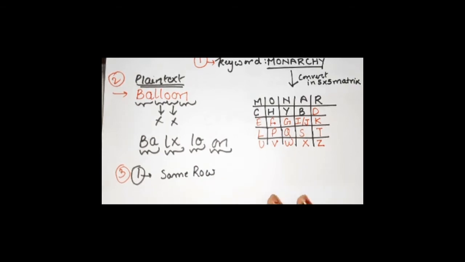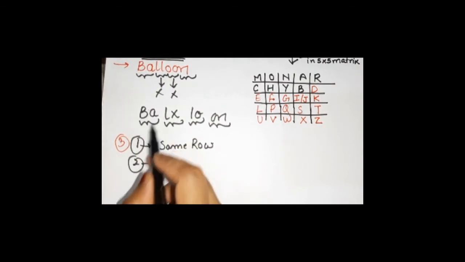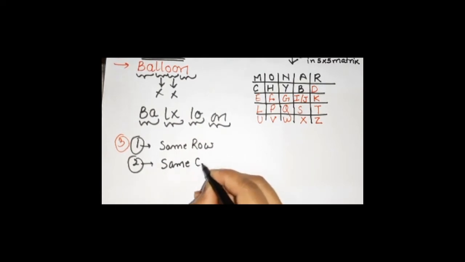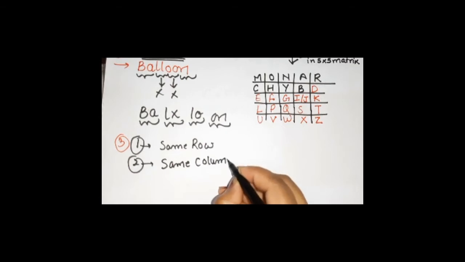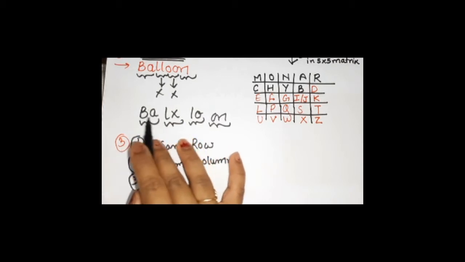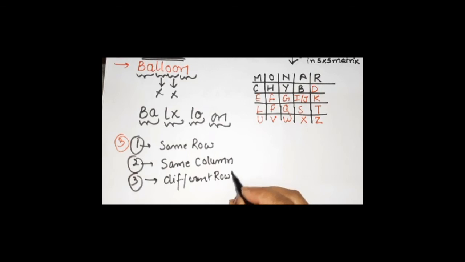The second condition is both the alphabets fall in the same column. And the third condition is both the alphabets in the pair fall in a different row and different column.